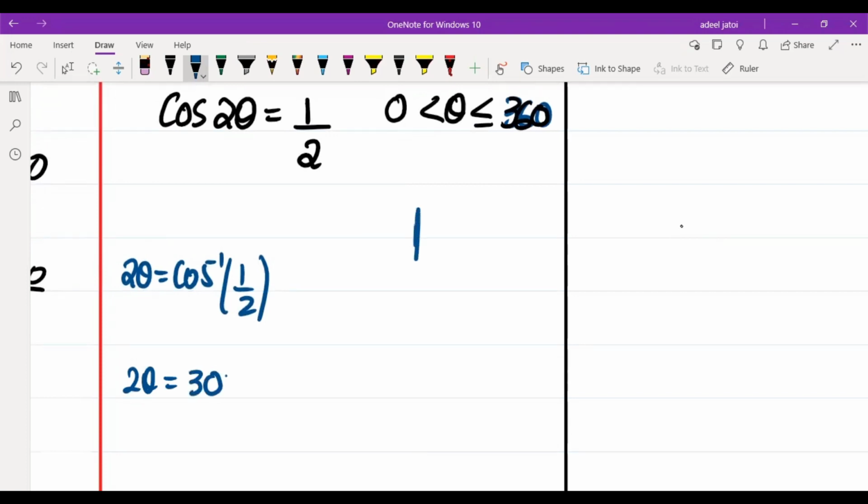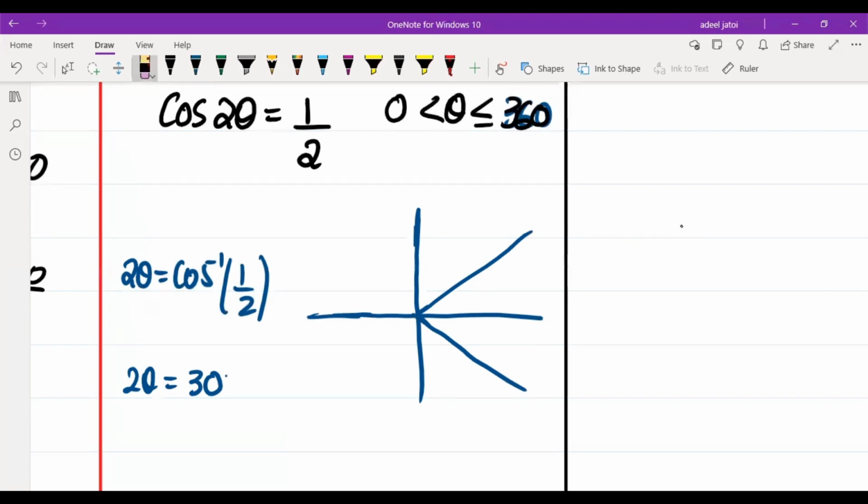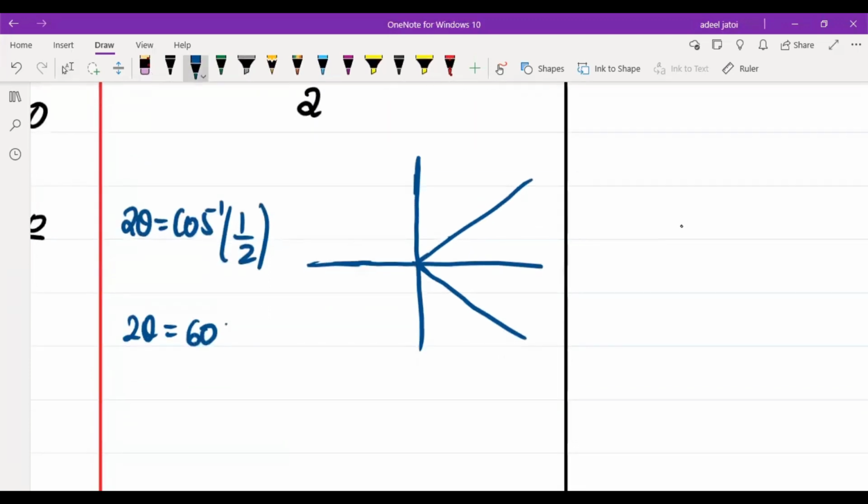Now we know that cos is positive in the first quadrant and in the last quadrant. Let's correct this. This was 60 degrees. Now, moving forward, this is 60 and this is 60 as well.